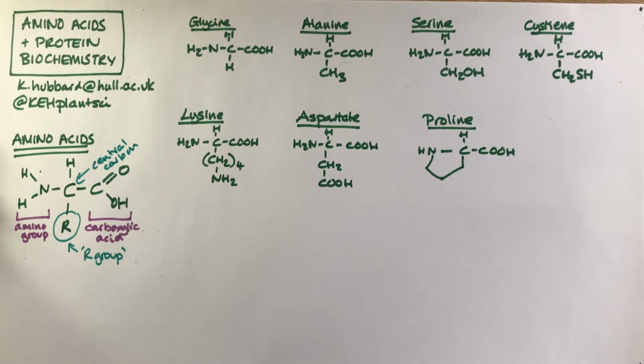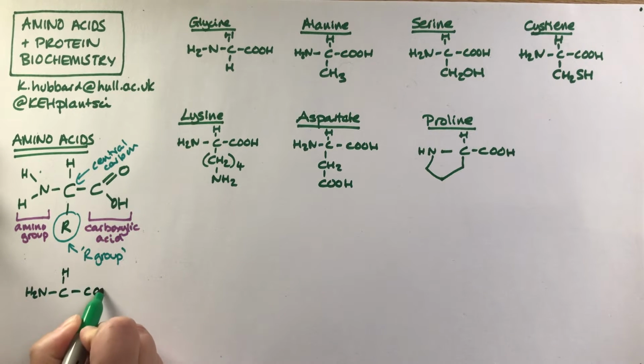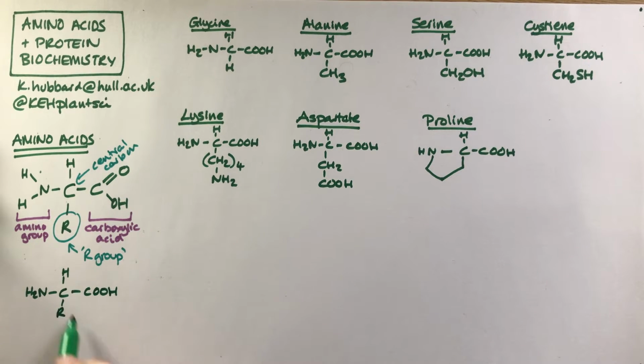So we can summarise the structure down as this. Sometimes we'll see it as C, rather than drawing out every single bond, we've got two hydrogens and the nitrogen, so that's the amino group. We've got the hydrogen, we've got COOH, we've got the carboxylic acid group, and then we've got the R group. So sometimes we'll abbreviate the structure to that.